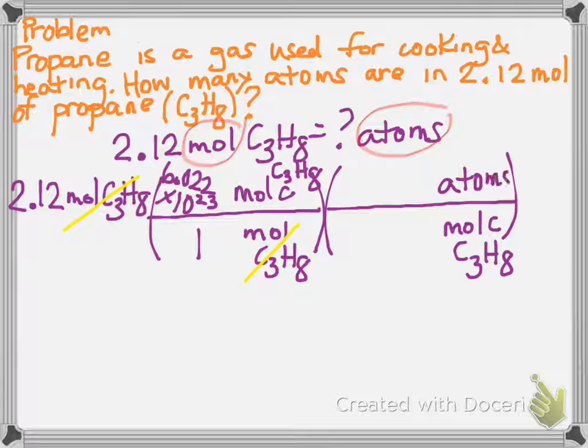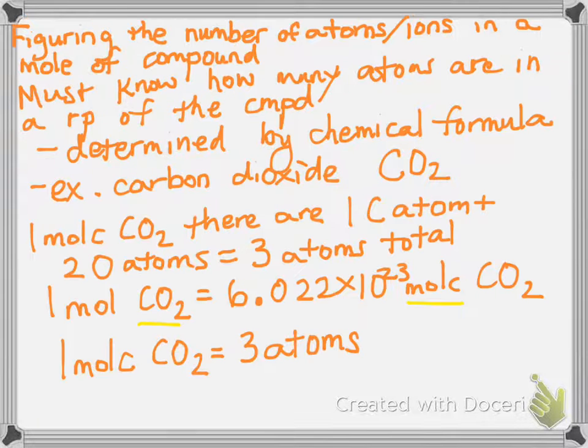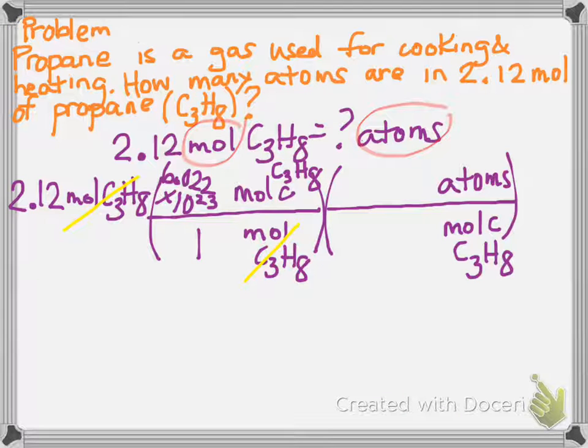Well, that's where we're going to use what we just talked about with carbon dioxide. When we have 1 molecule of CO2, we know that there's 3 atoms because there's 2 oxygens and 1 carbon. Well, if I have 1 molecule of C3H8, I have 3 carbons plus 8 hydrogens, which is a total of 11 atoms.